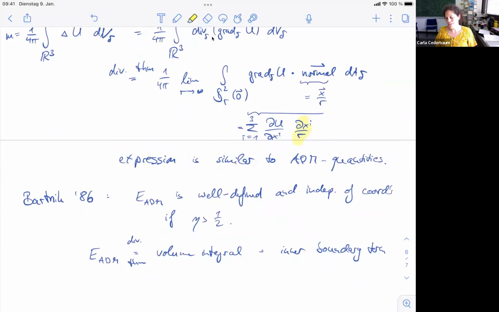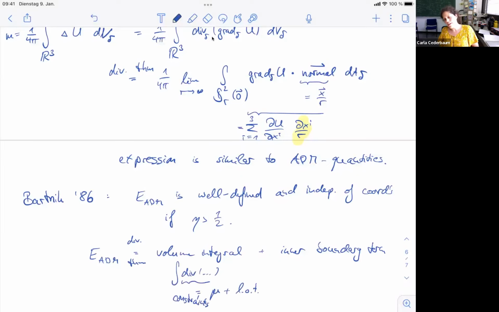Now we apply the divergence theorem backwards. Because we are on a manifold with inner boundary, since we excise some compact set, we have some inner boundary term, but that doesn't bother me for the convergence of this integral at infinity. And I'm left with this volume integral, which is like some integral of the divergence of something. And this divergence of something, he relates to the energy density mu using the constraint equations, plus lower order terms.